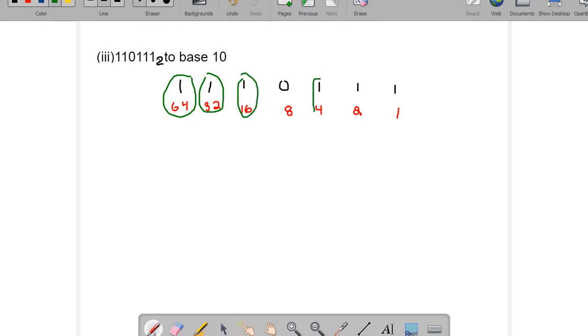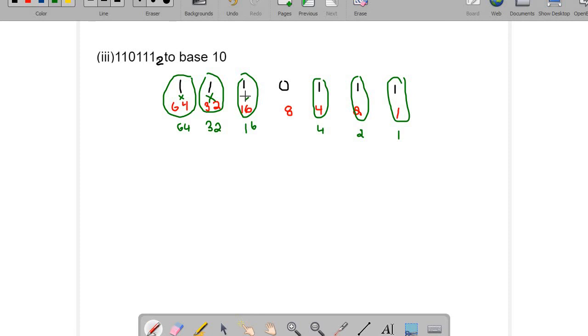And converting from binary to base 10 is much simpler, because any number multiplied by 1 is itself. So we're going to end up with 1, 2, 4, 16, 32, 64.